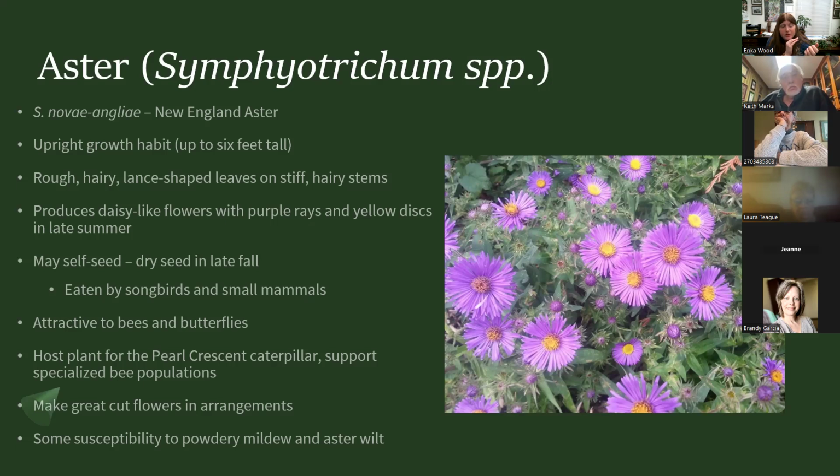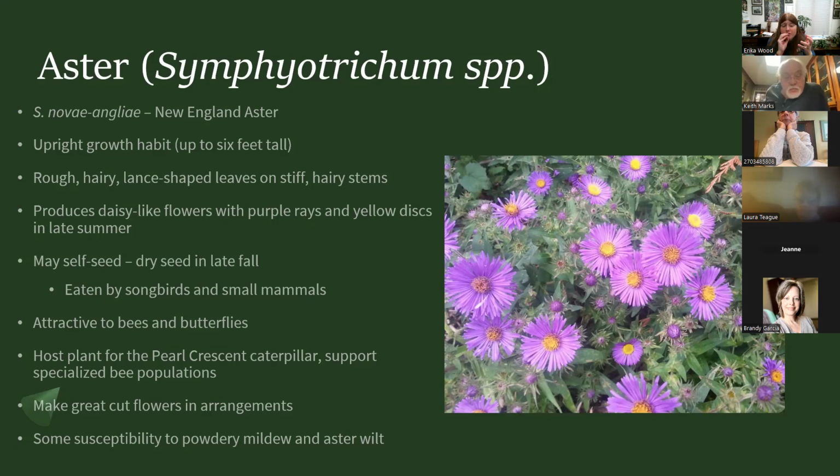Some other things of note with asters, of course, this is a great pollinator plant. This is what we consider a great late nectar food source. And actually, when we think of what we call keystone plant species, asters and goldenrod, which we'll talk about here in a little bit, are really key plant species for our insect populations. Not only are bees and butterflies going to be attracted to the nectar, but it is also a larval food source for certain butterfly species, such as the pearl crescent caterpillar.